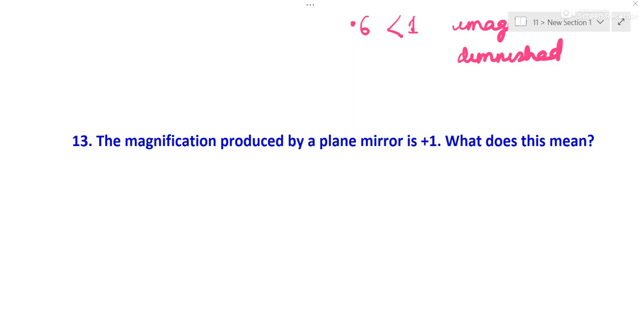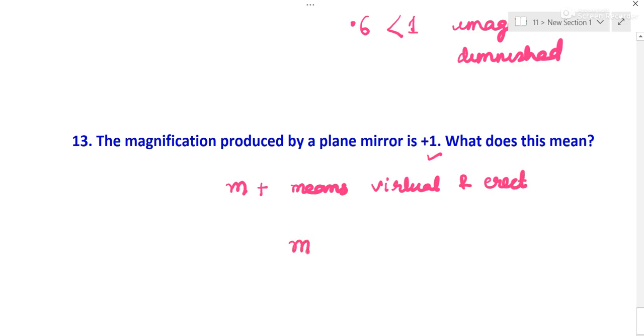The next question is, the magnification produced by a plane mirror is 1. Exactly 1. What does it mean? So the magnification is positive first of all. Positive means the image is virtual and erect. And do you know the magnification's second formula? It is height of image by height of object.